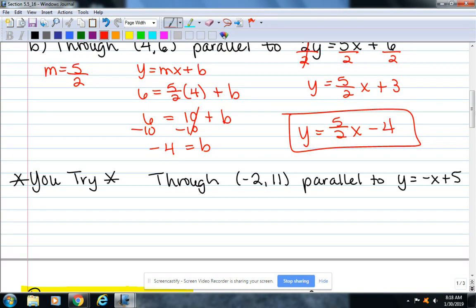When you have your equation, check it with somebody. That one went quick because it's already in slope-intercept form.